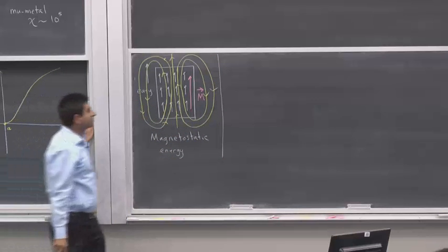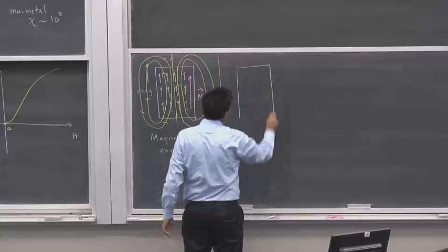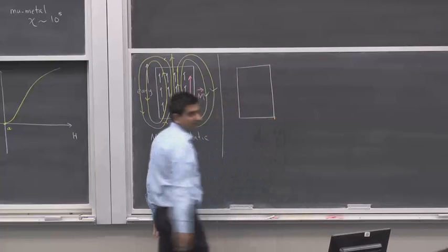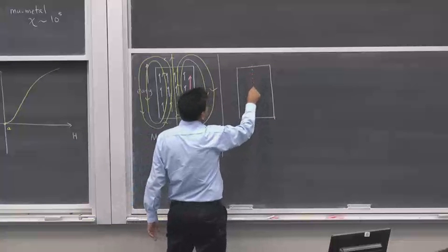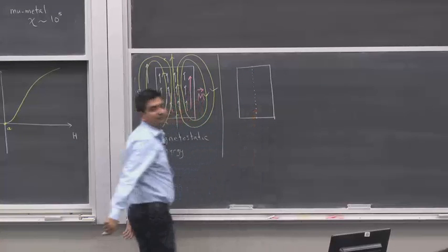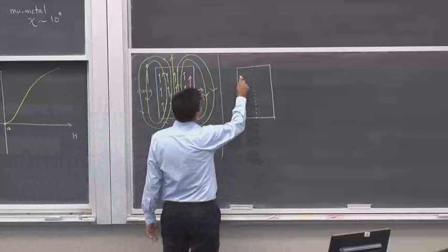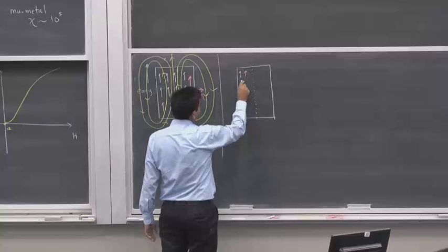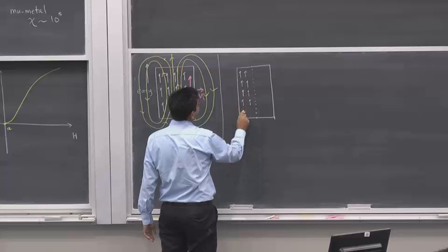So what's going to happen is that if this single crystal of iron partitions itself into two equal halves, all of the magnetic moments are aligned in one of the halves, and all of them are aligned along the easy axis.